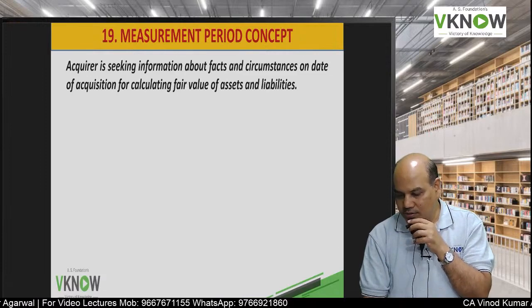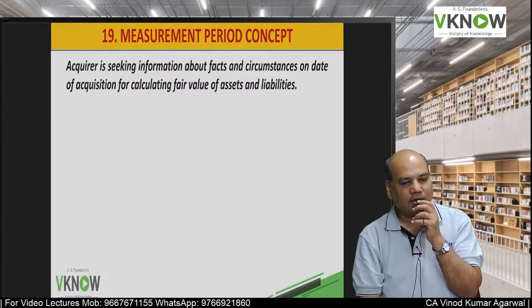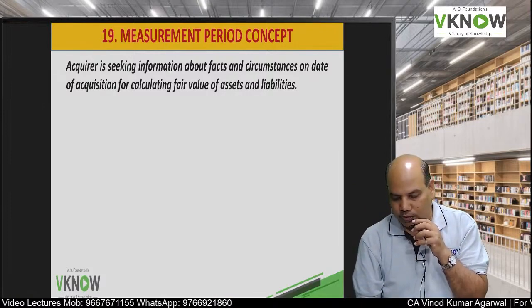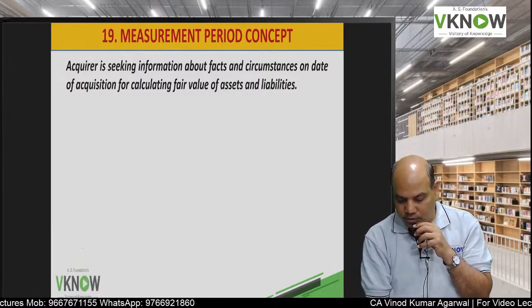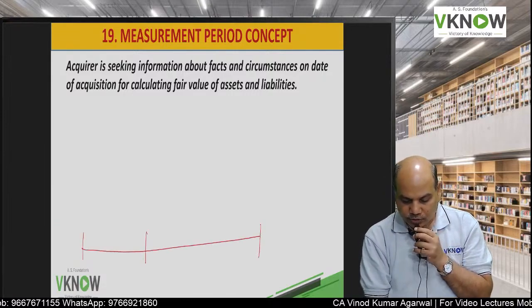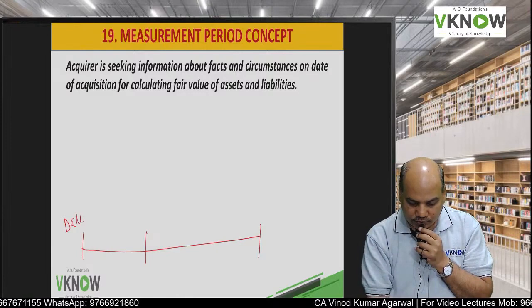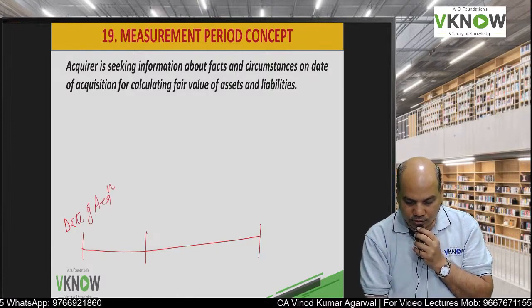Now the next issue is on which we have got some question in study material and RTP, MTP also. Measurement period concept. Suppose date of acquisition. This concept many students don't know. Pay attention.